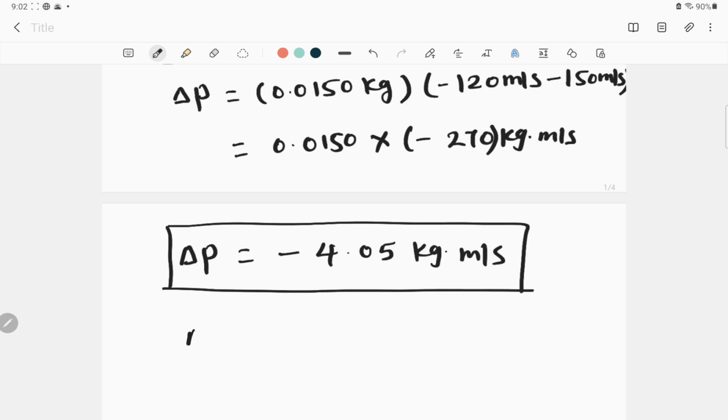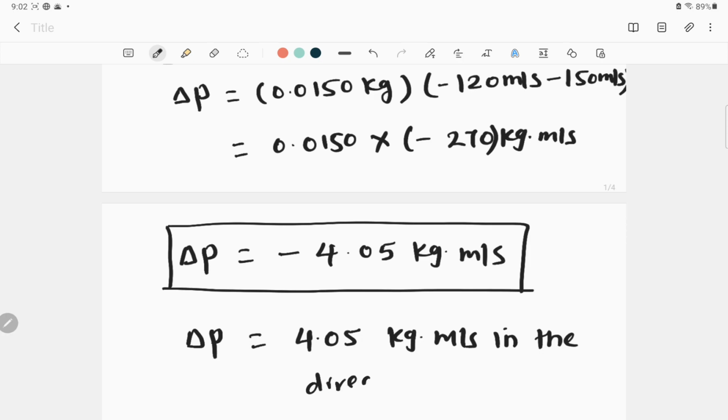It means we can say the change in momentum is equal to 4.05 kg meter per second in the direction opposite to v naught.